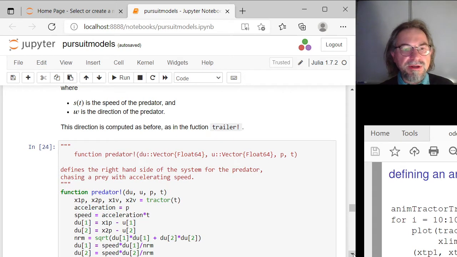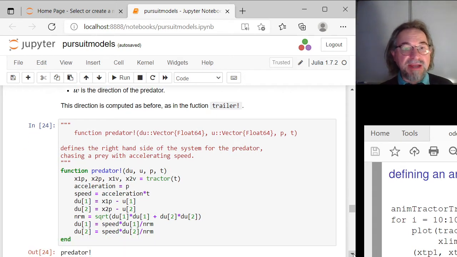So here the tractor remains the same, and for the speed I will use a model where the speed is a constant times time, and that constant is here the acceleration.